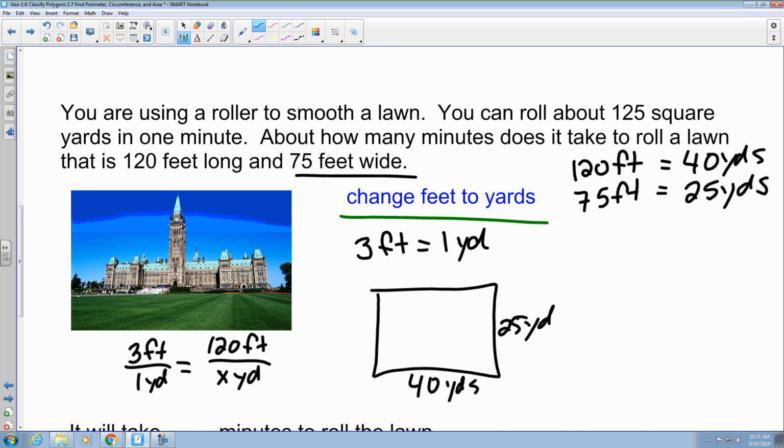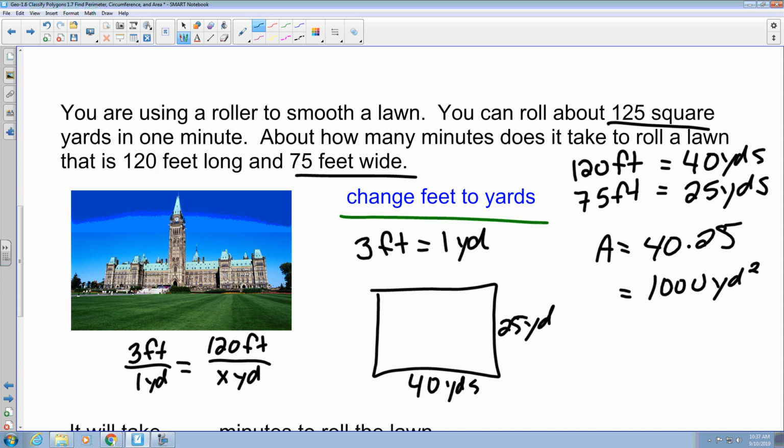Now they're asking how many minutes it takes to roll this lawn at 25 square yards in 1 minute. So we have to figure out the area. My area of this lawn is 40 times 25, which is 1,000 square yards.